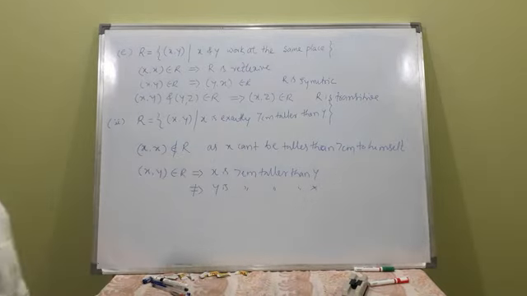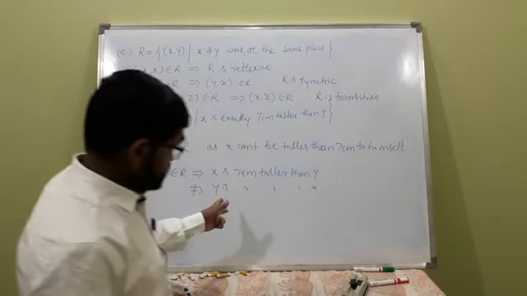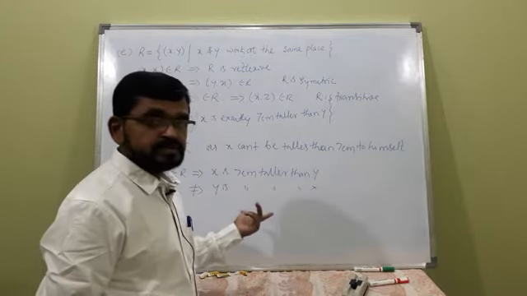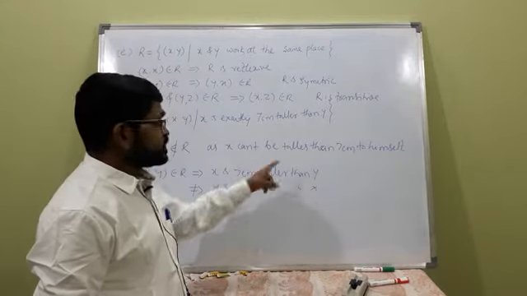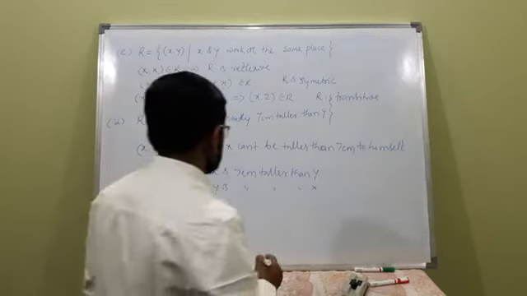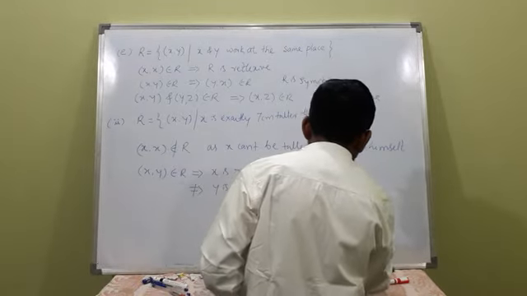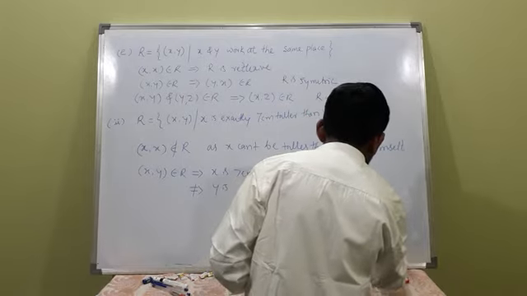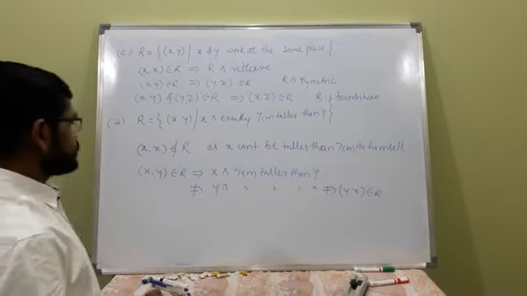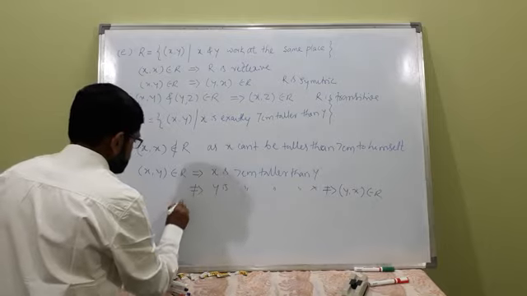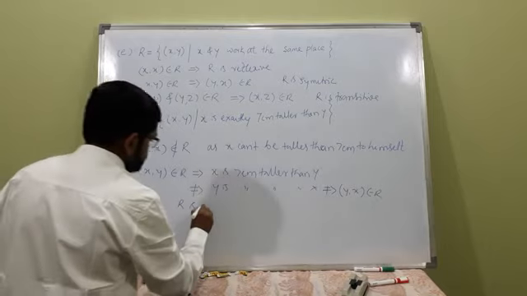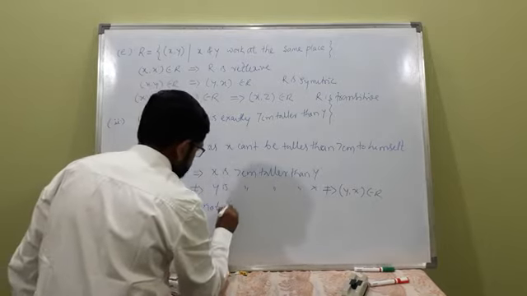If x is 7 centimeter taller than y, then y cannot be 7 centimeter taller than x. So, that does not imply (y, x) belongs to R. Therefore, R is not symmetric.